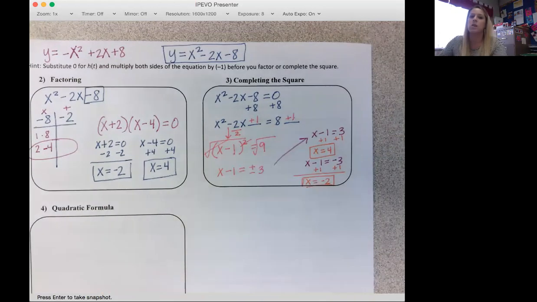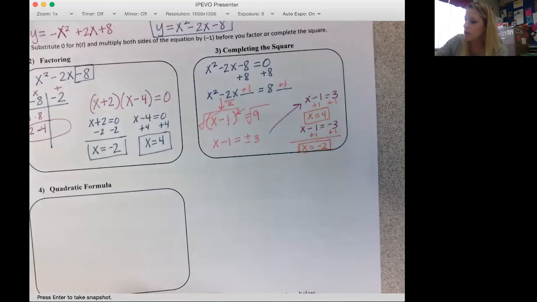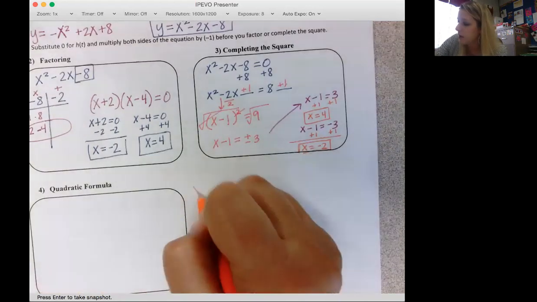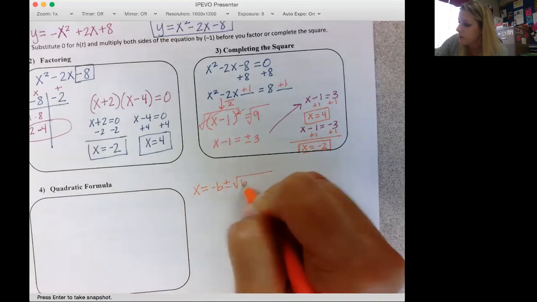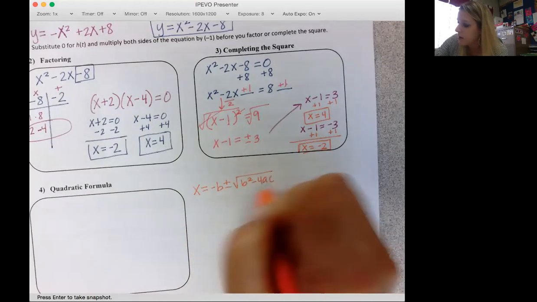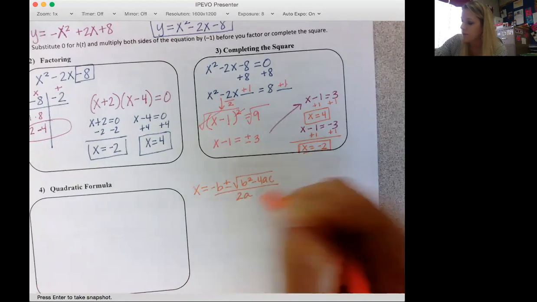Okay, so this project is all about how can I figure out some answers in multiple ways. All right, and then the last one is quadratic formula. So x equals opposite of b plus or minus the square root of b squared minus 4ac all over 2a.